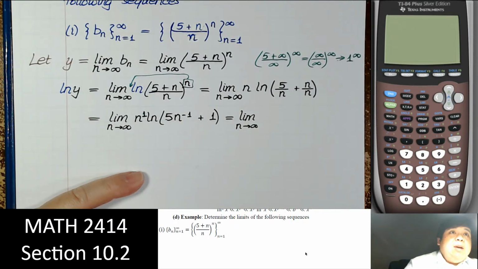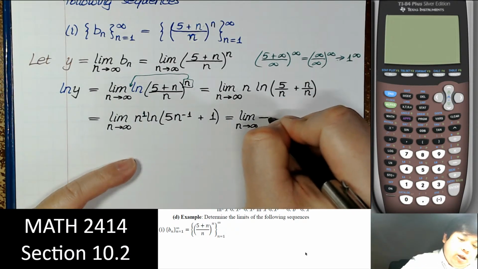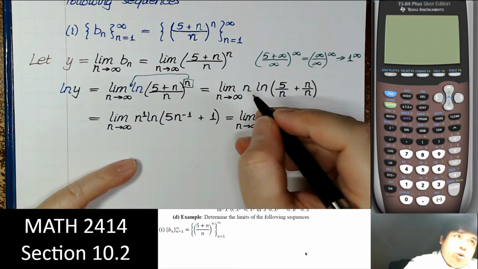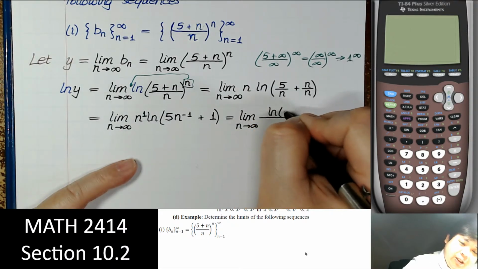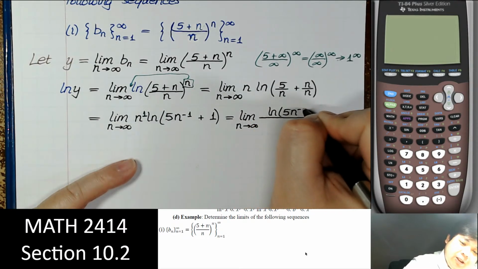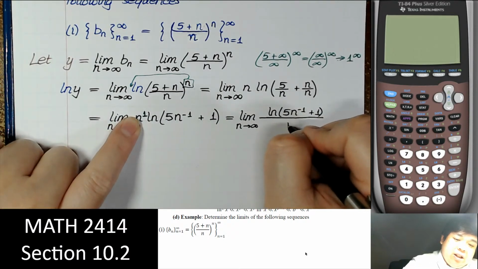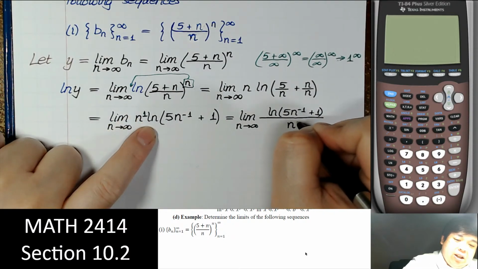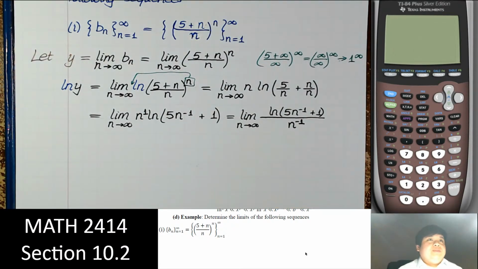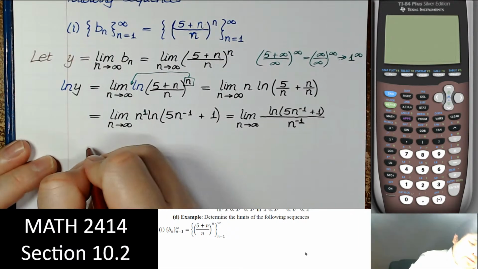Now, the reason we write like that: remember, if it is indeterminate form, we use the Hospital rule. In order to use the Hospital rule, we need a ratio of two functions. So we check n to the first at the bottom becomes that. So we need to have a ratio for the Hospital rule.